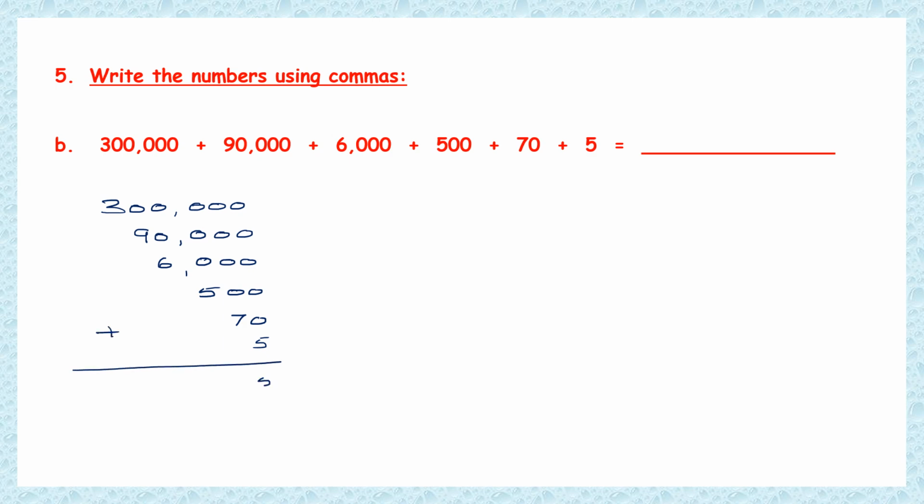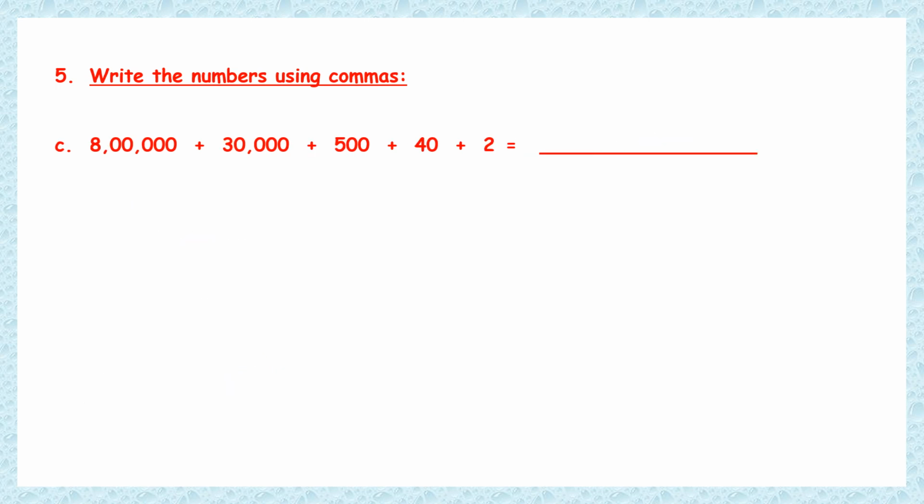So here we have 5, 7, 5, then we have 6, we have 9, we have 3. So now let's put the commas according to the international system. The comma comes there. Let's write it down. 396,575. This is the short form.